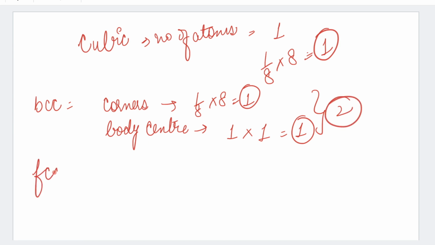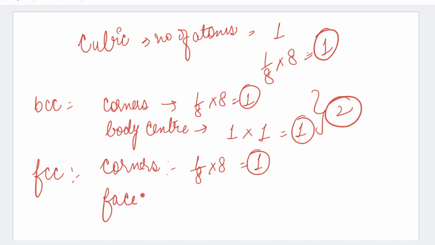And in FCC, that is face centered cubic, again corners, that is 1 by 8 equals 1, and present on the faces, there are 6 faces, and the contribution is 1 by 2, so that's why the answer is 3, and the total is 3 plus 1, 4.